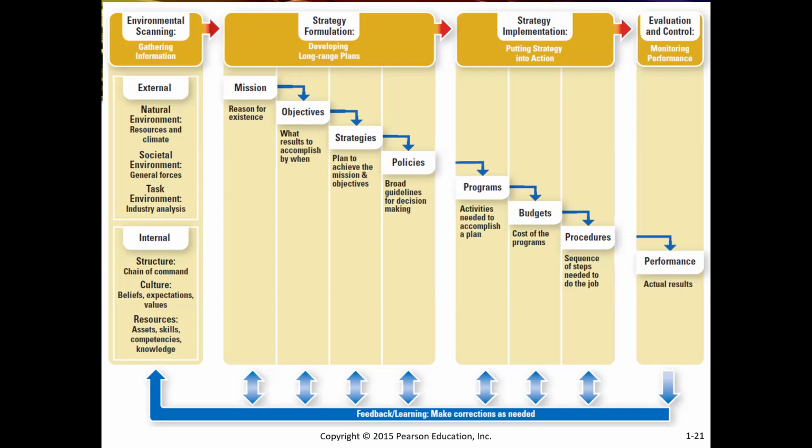Okay, the second stage is strategy formulation. Here we have seen many of the notions that Laura just told us before: the mission statement, and the vision statement. We have the objectives of the company.